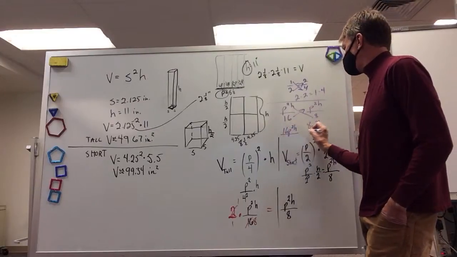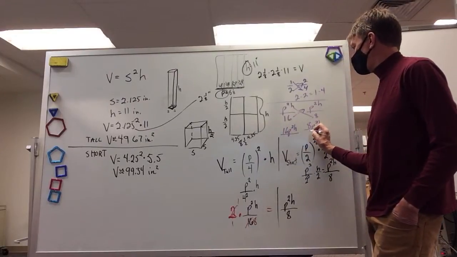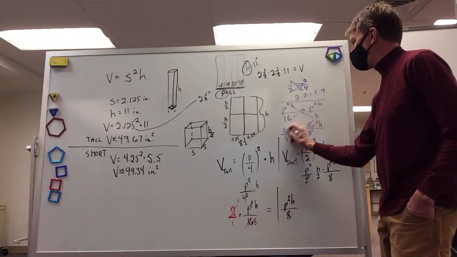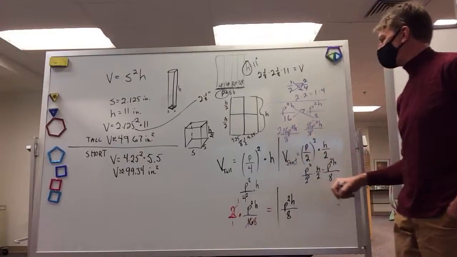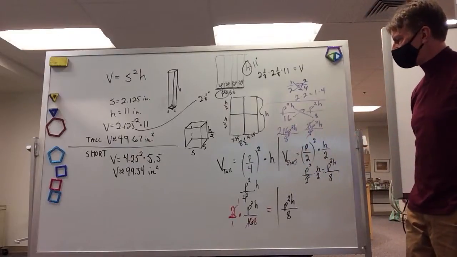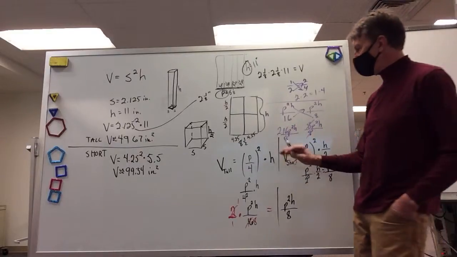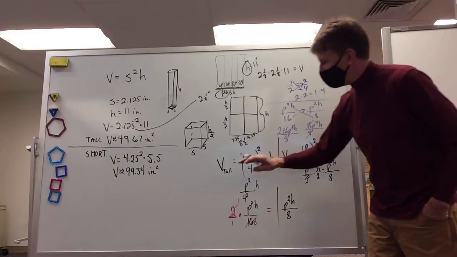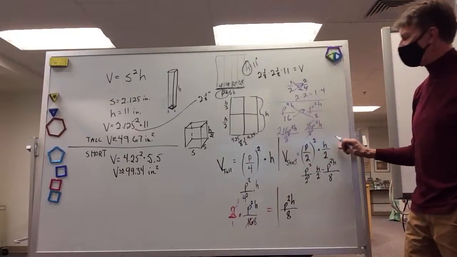Now, if I was to divide each of these by 8, then this is 2 times P squared H, and this is P squared H. So this shows us also that I would have to take 2 of these to get 1 of those.